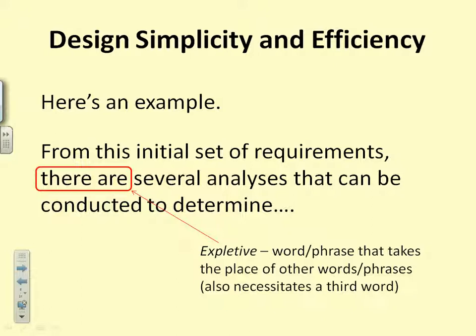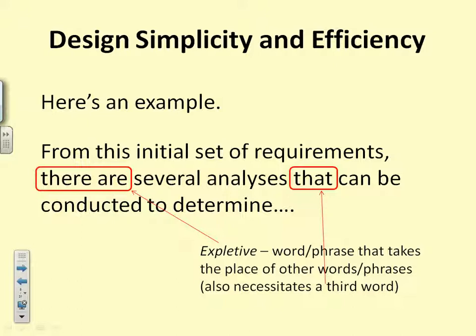One of them is that this is what's called an expletive. And you may know of the word expletive in terms of profanity. And that's not what this is. Grammatically, an expletive is a word or a phrase that takes the place of another word or phrase. And I believe we've referred to that in a previous workshop. So what happens when you do that is you move around the points of emphasis in the sentence. And in this case, you also necessitate a third word.